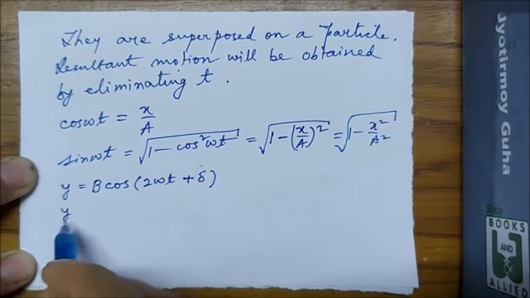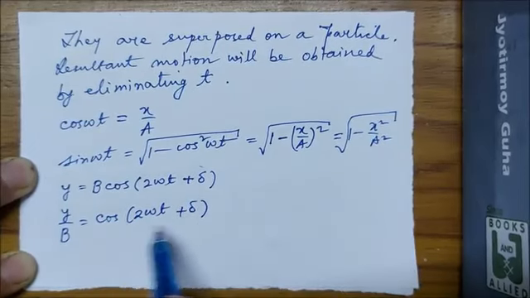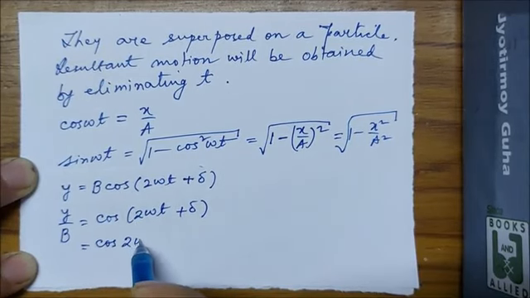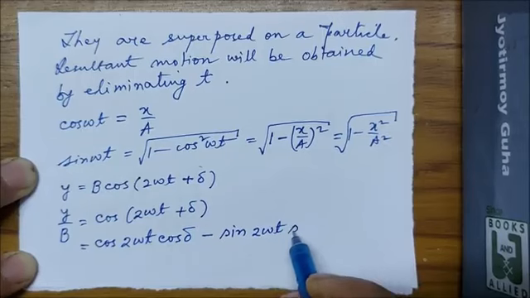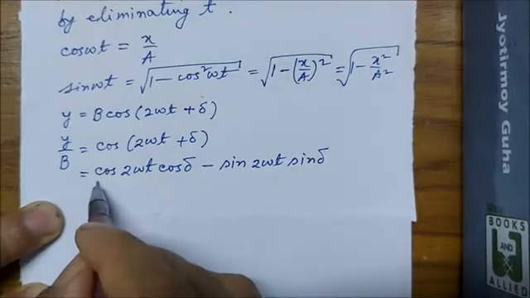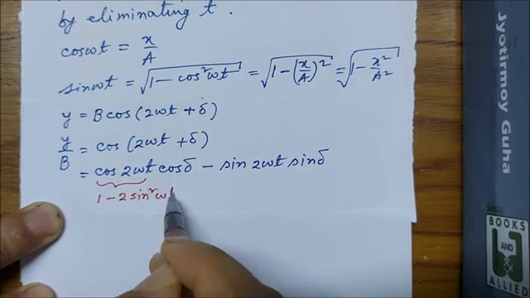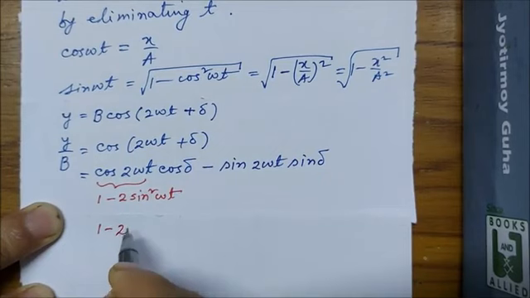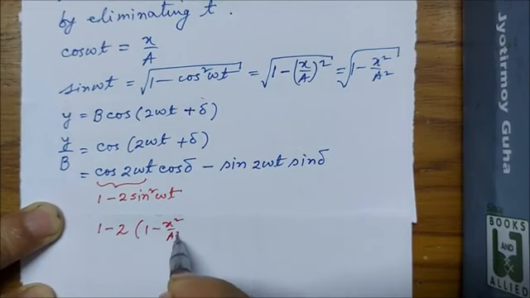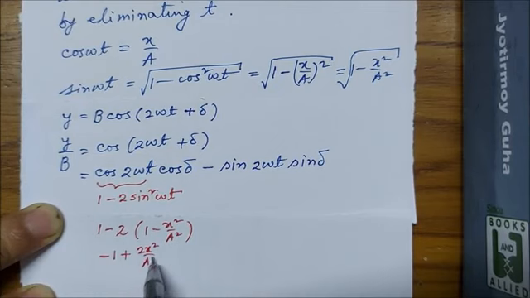Dividing by b, we get, and we can expand it to end up with, now cos of twice omega t can be written as 1 minus 2 sine square omega t, and for sine we can use this expression, and therefore we get 2 x square by a square minus 1.